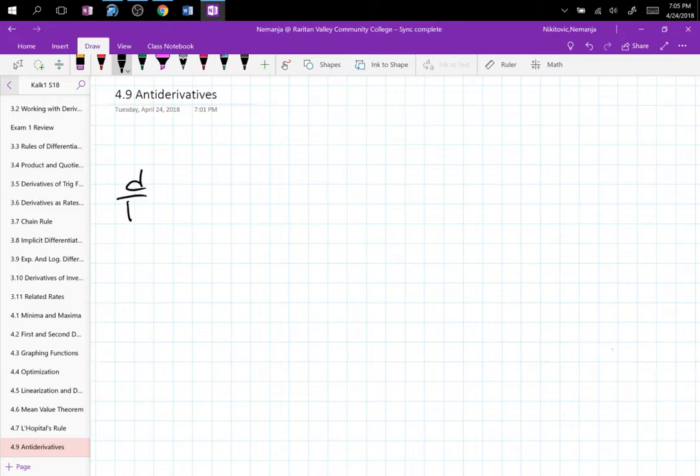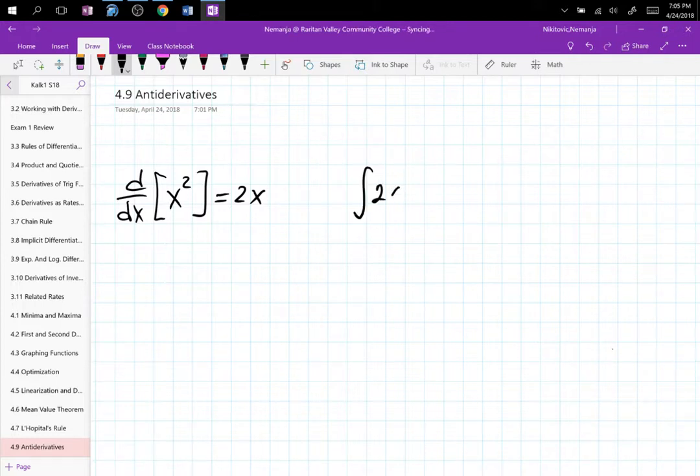We know that the derivative of x squared is 2x. Now I'm going to use this new notation for what we call integrals to say that the integral of 2x dx is equal to x squared, because this is supposed to undo.